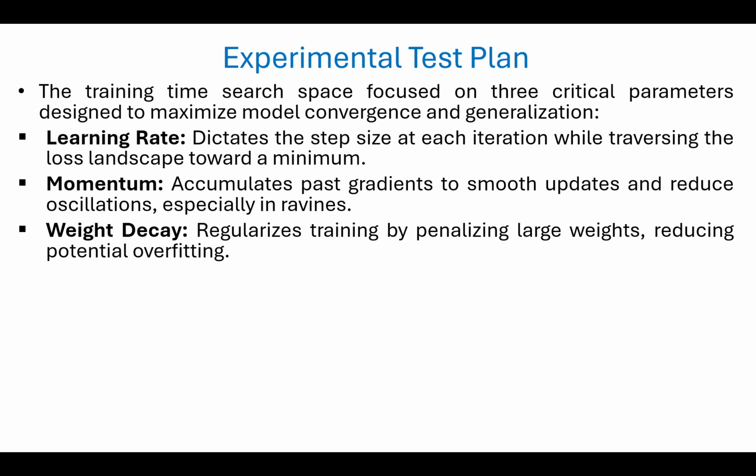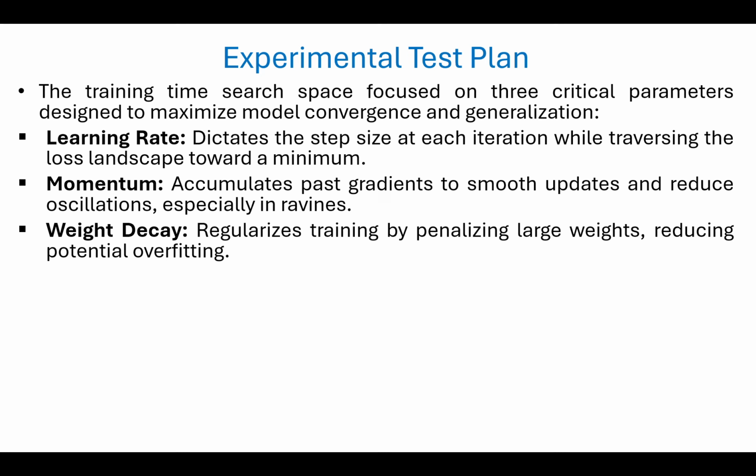Mainly here, three training time hyperparameters were targeted. Learning rate determines how large each step is during training. Too large and the model overshoots, and too small and the learning becomes slow.